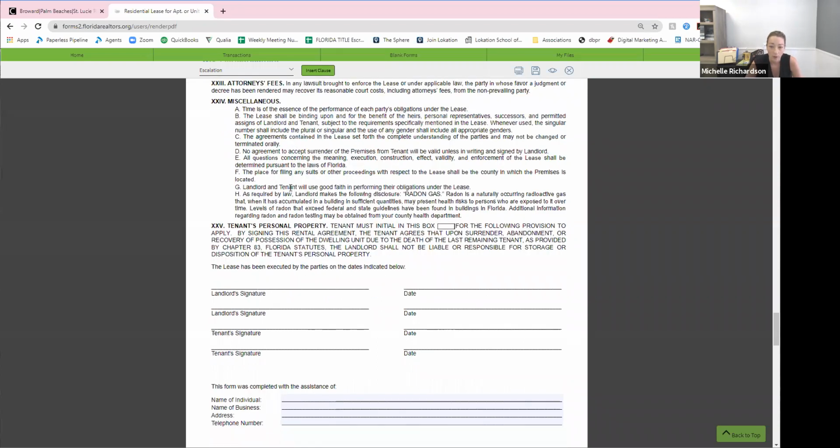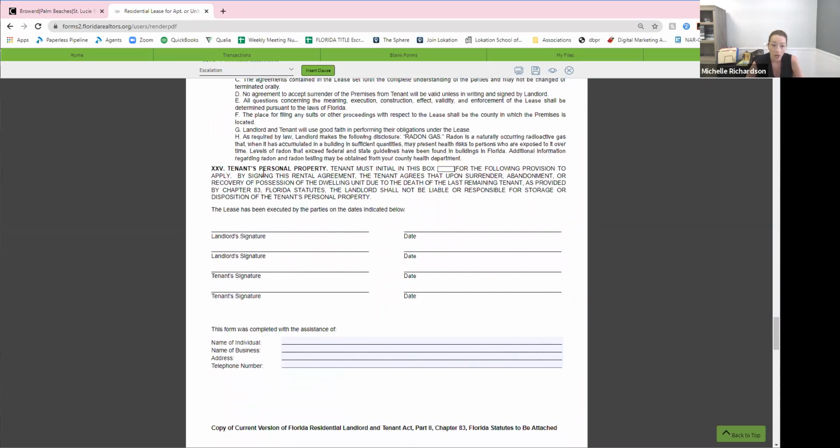I won't go into any more in regards to this. It's just radon gas, etc. Tenant's personal property. Now, if the tenant passes away and it's a single tenant in there, what happens to their furniture and all of their belongings? If they check this box off, it says tenant must initial in this box for the following provision to apply.